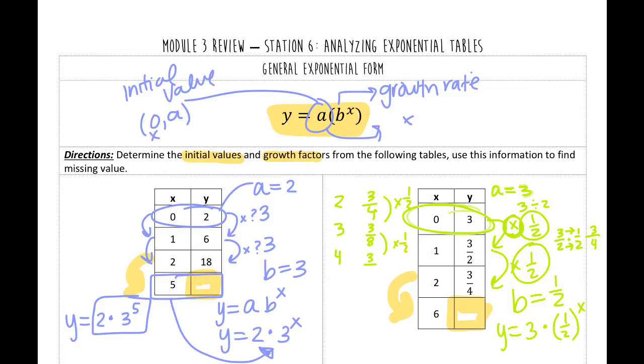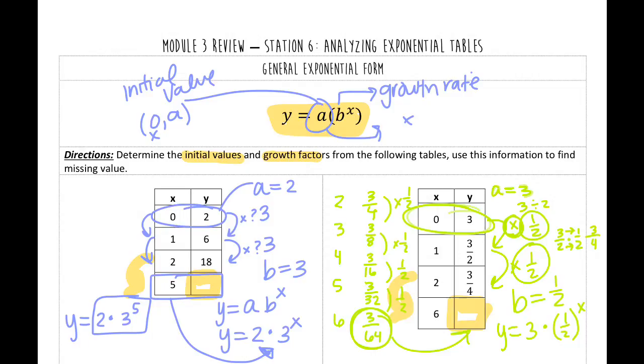That would give me 3/16. 5, I'd multiply by 1/2. That would give me 3/32. 6, I'd multiply by 1/2, and that would give me 3/64. So now this would be my solution that goes in this box. But of course, I think it's easier, you have your calculator with you. Just go ahead and plug this 6 in for x in this equation and use the answer from there.